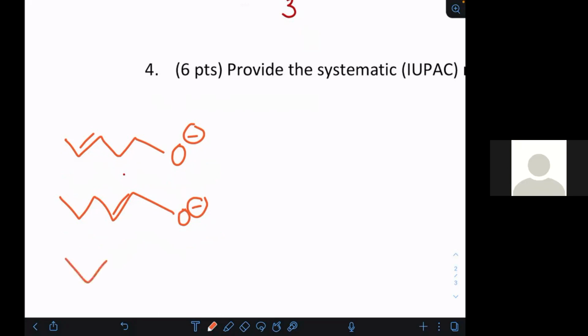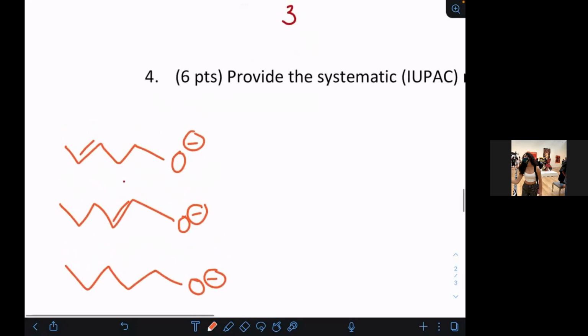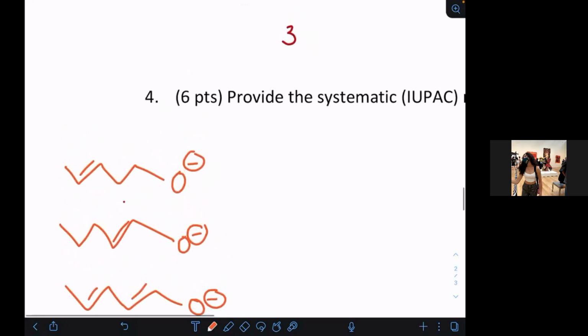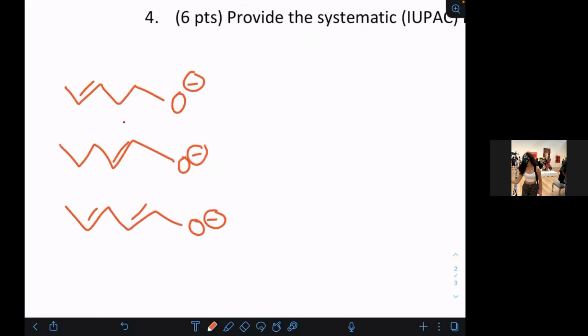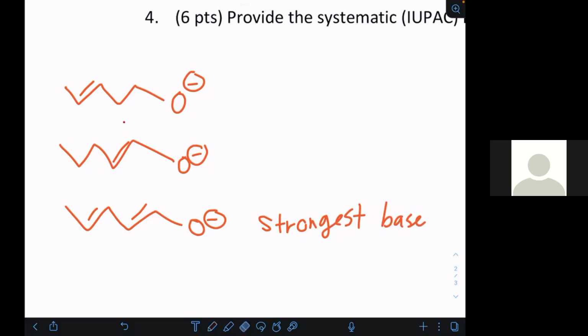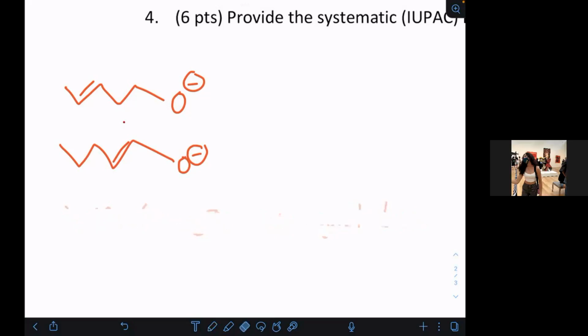Oh, this one might be resonance. I hate resonance. I haven't attempted it in so long. This one ended up being strongest somehow. I don't even understand that based off of resonance. Okay, never mind. Not applicable then.